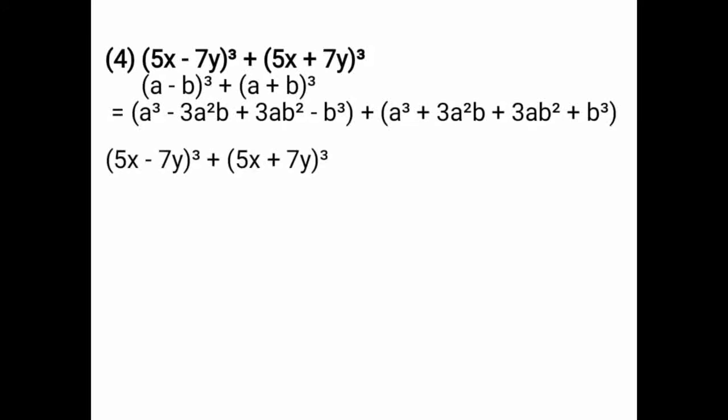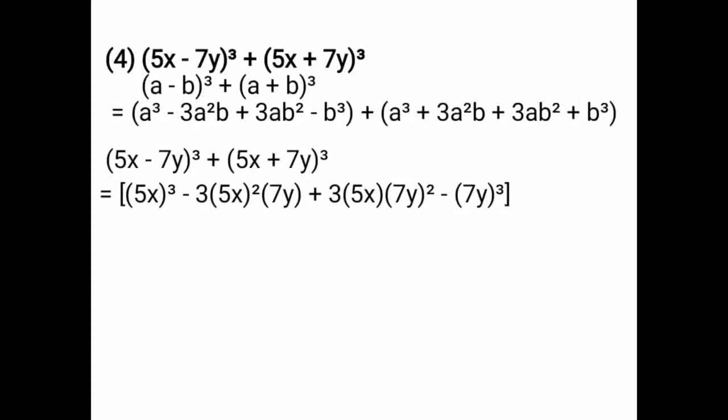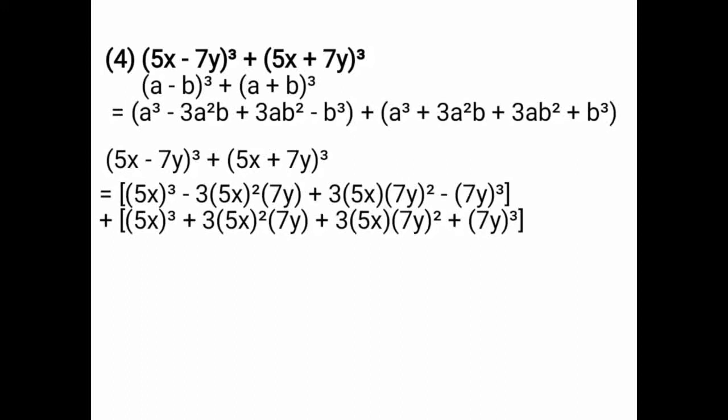5x minus 7y the whole cube plus 5x plus 7y the whole cube is equal to 5x cube minus 3 into 5x square into 7y plus 3 into 5x into 7y square minus 7y cube plus 5x cube plus 3 into 5x square into 7y plus 3 into 5x into 7y square plus 7y cube. This is the a minus b the whole cube expansion formula, and this is the a plus b the whole cube expansion formula, according to the question given here, and you have to expand.